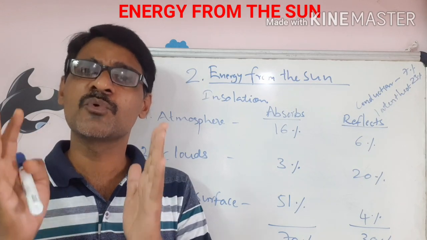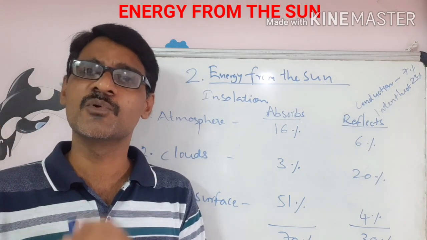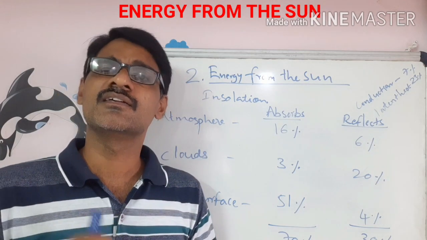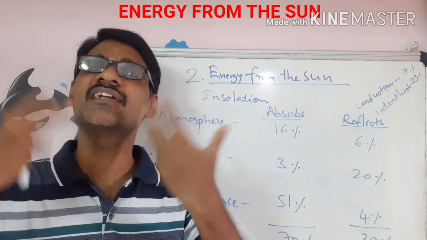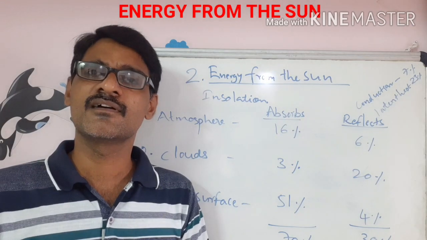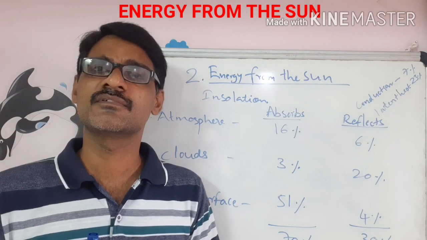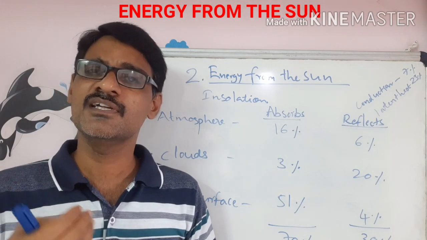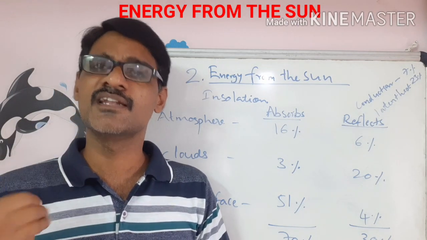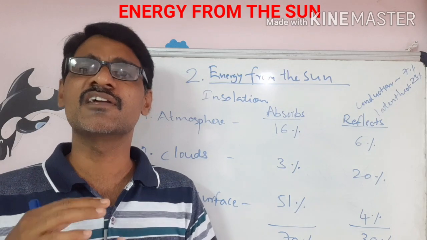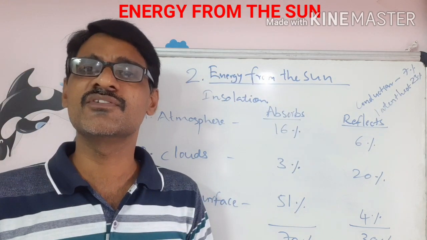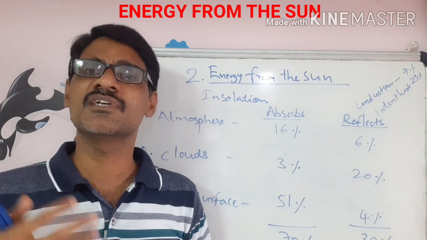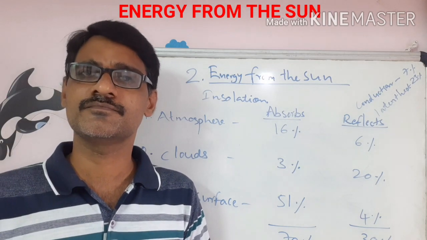A small portion, about 30% of the energy released from the sun, is reflected like a mirror reflecting the light. So the small portion of the solar radiation, about 30%, is reflected directly into the space by the atmosphere, the clouds and the Earth's surface.